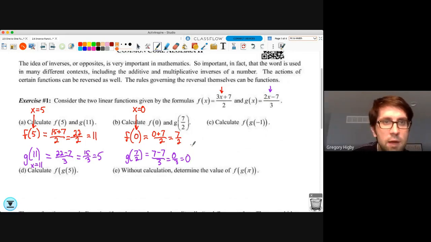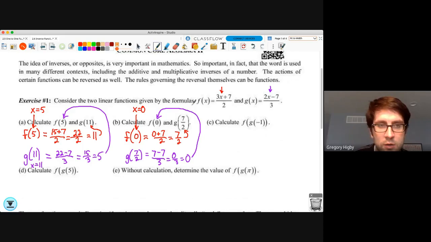And I hope what you're starting to notice is as we do these problems, we keep getting the other's answer. I don't know if you noticed that. Like f of 5 gave me 11 over here, and g of 11 gave me 5 over here.